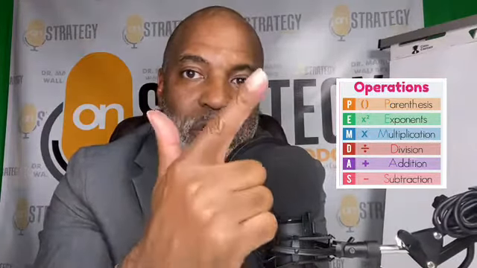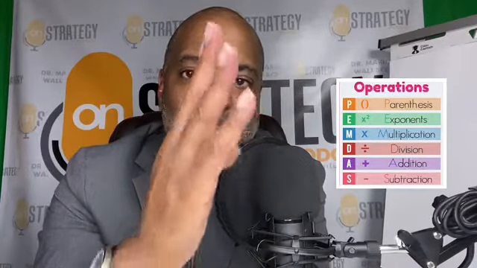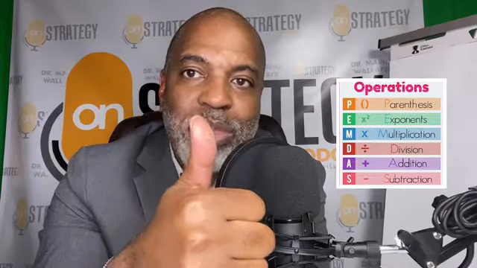So that made it very clear. Please, parentheses; excuse, exponents; my, multiplication; dear, division; Aunt, addition; and Sally, subtraction. That made it an easy flow for me to remember whenever I approach an order of operations equation.